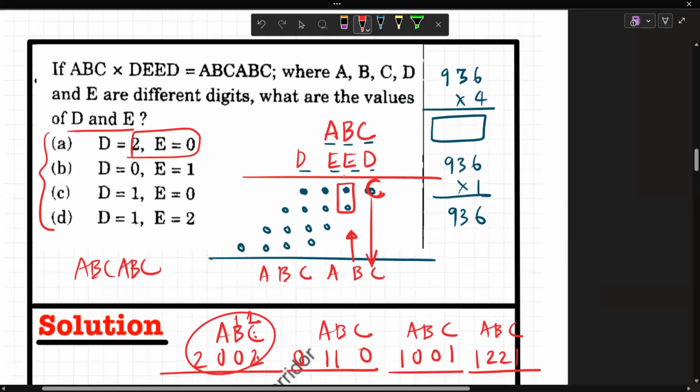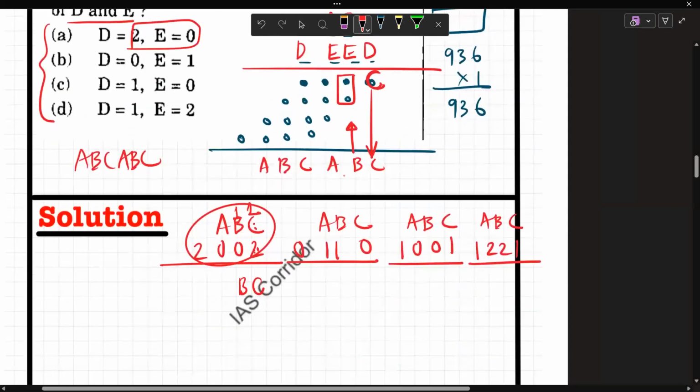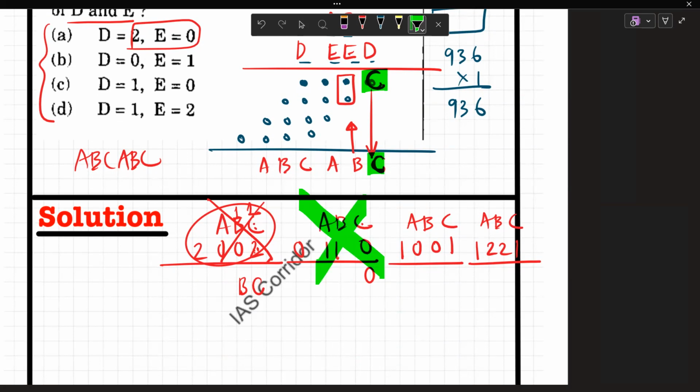This negates our fact that A, B, C, D all are different digits. These are all different digits. So this option fails. Here C into 0 will be 0. But you need C here in the answer. I said that C will be here. So this option is also eliminated. Now we are remaining with these two options.